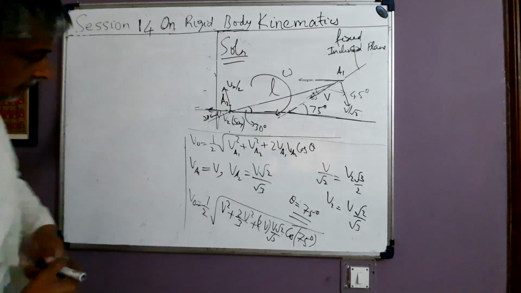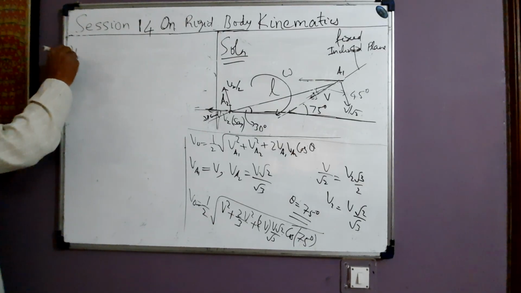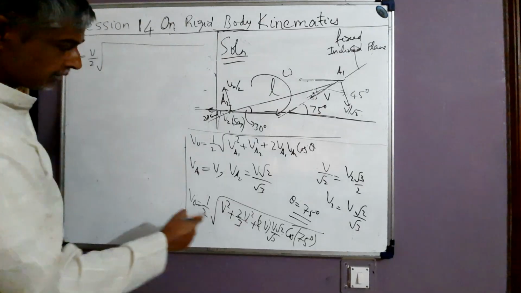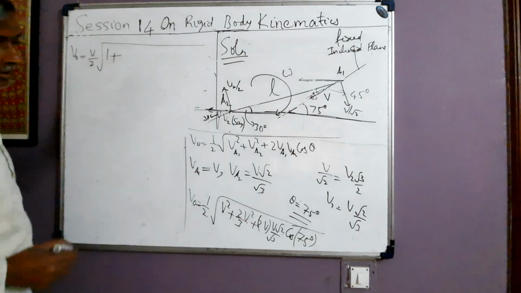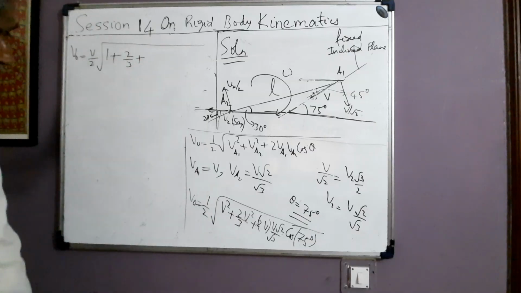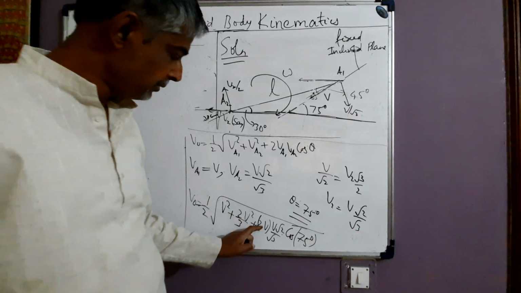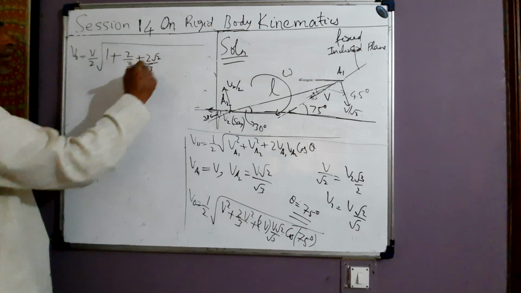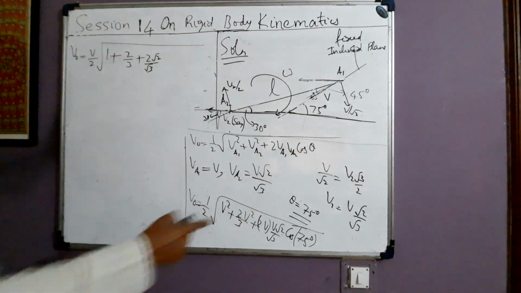Now I take V common. So V0 becomes V by 2 root under 1 plus 2 by 3 plus 2 root 2 by root 3 cos 75 degree.